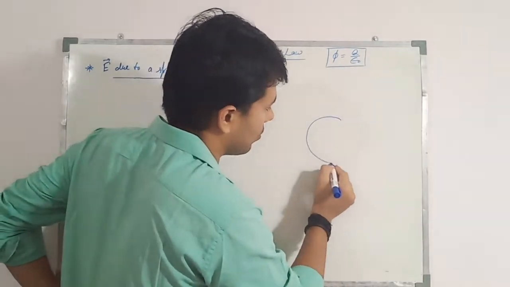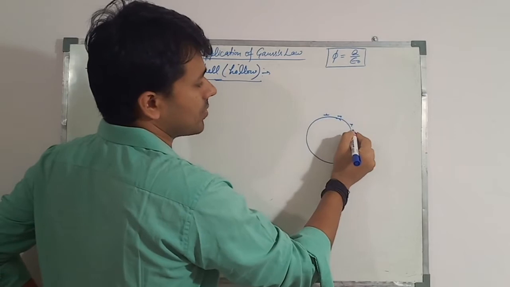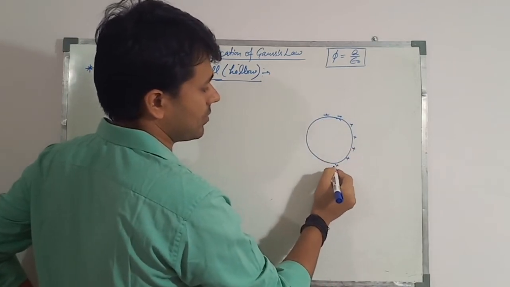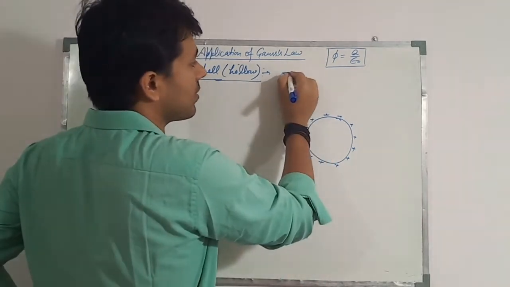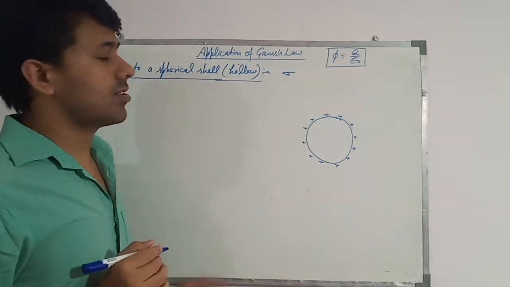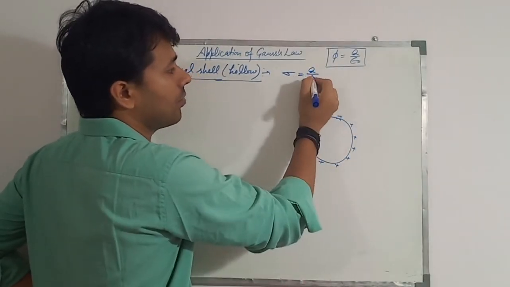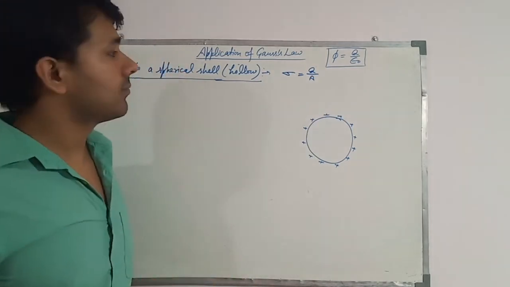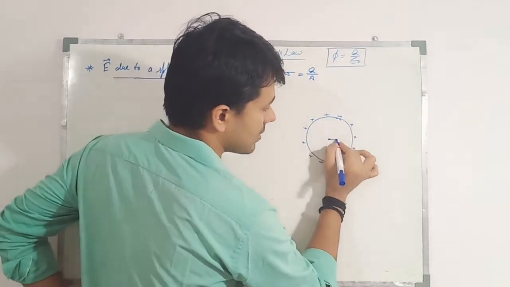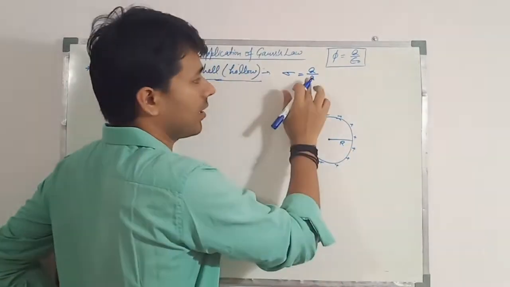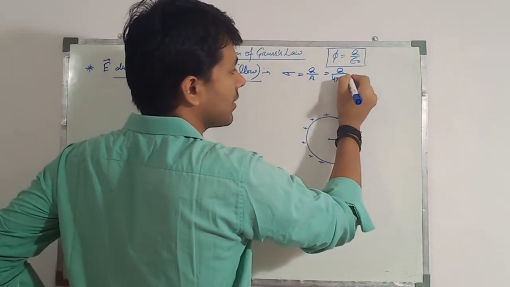Let us take a hollow sphere like this, and the charge distribution is this, positively charged, distributed over the surface of this, right? And sigma is the surface charge distribution, which is the total charge contained by that shell upon the area of that shell, right? If R is the radius of this shell, then the area of this shell is 4 pi R square.